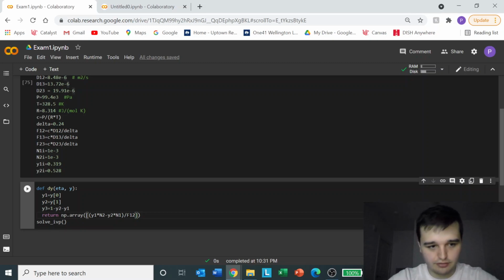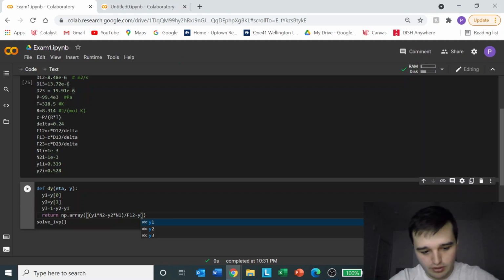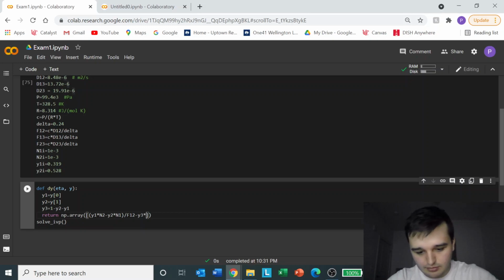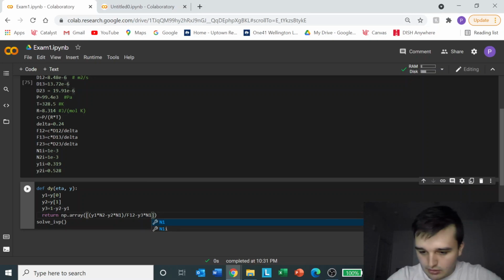Again, that's grouping together the concentration, the Stefan-Maxwell diffusion coefficient, and delta into one nice usable part. All right, and then minus y3 times n1, and that one is over F13.